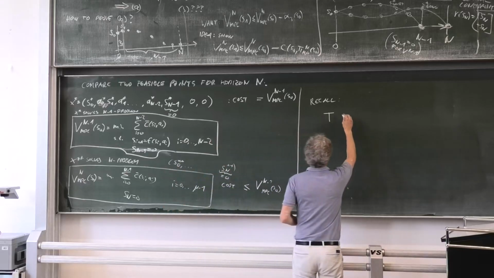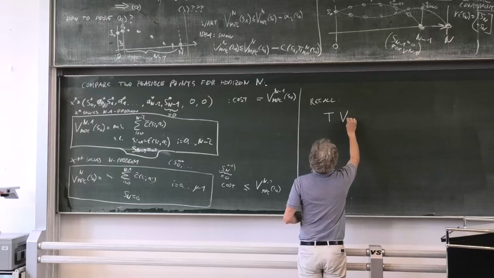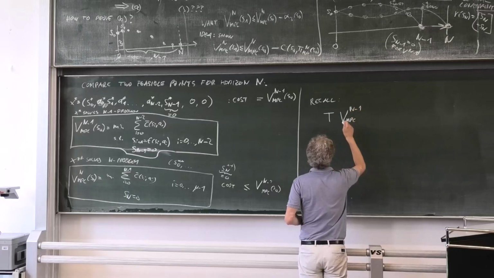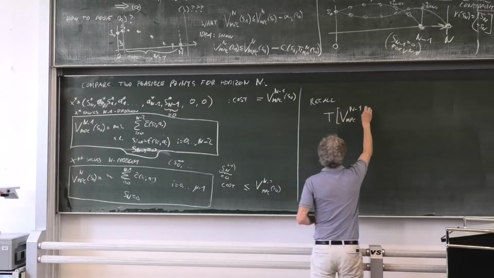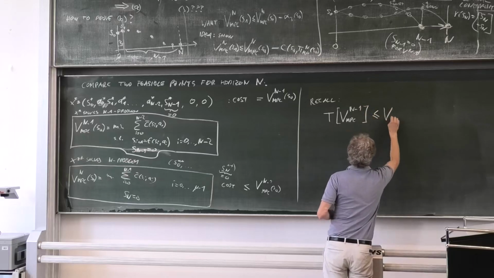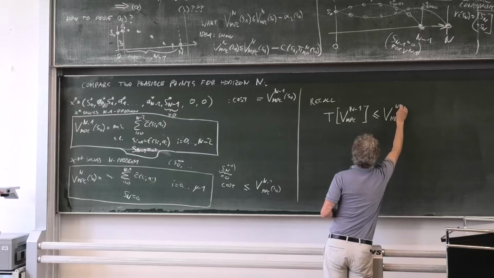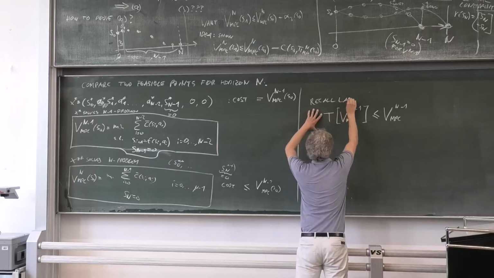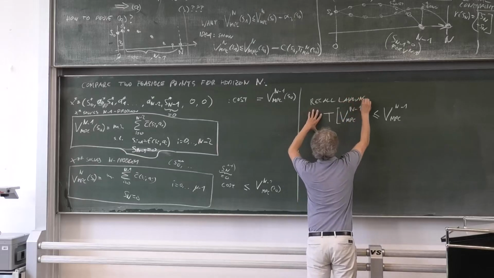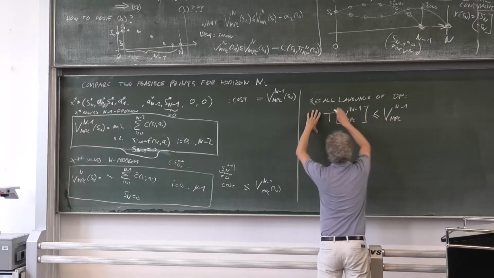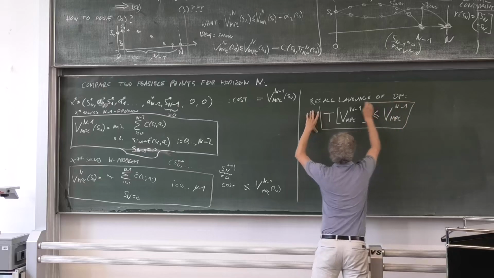So T of V MPC n minus 1 should be smaller than V MPC n minus 1. That's the language of DP, where this is now the dynamic programming operator.